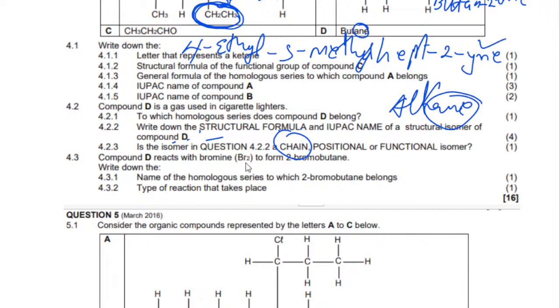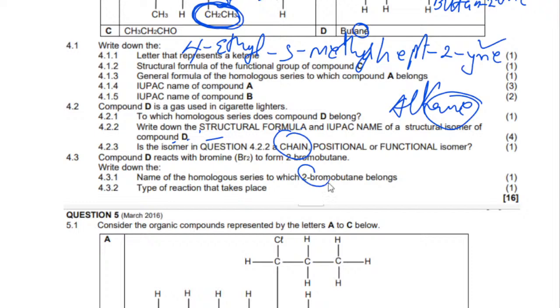Compound B reacts with bromine to form 2-bromobutane. Then they're asking you, name the homologous series to which 2-bromobutane belongs.